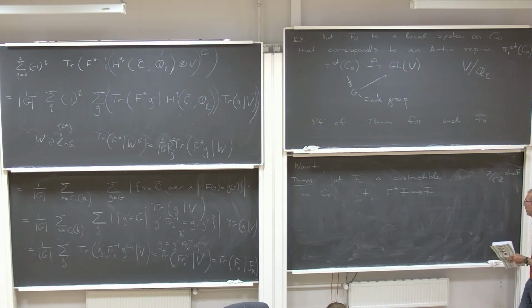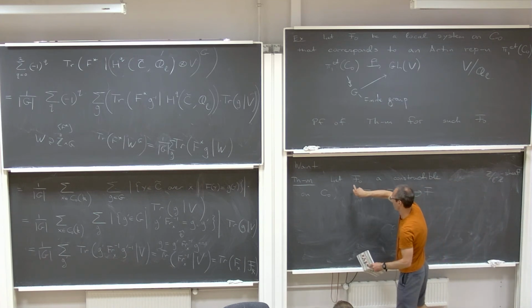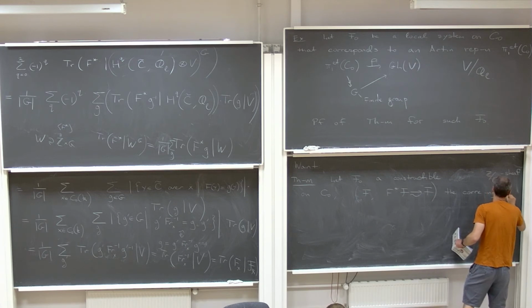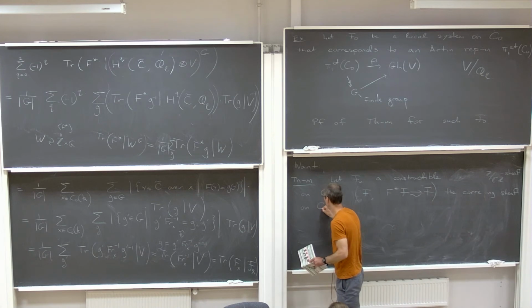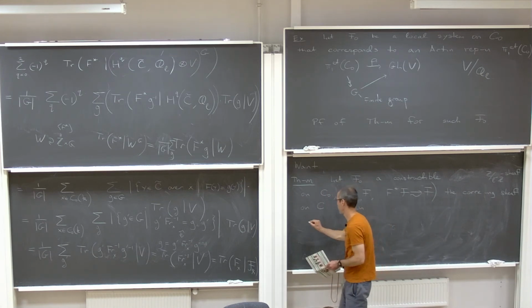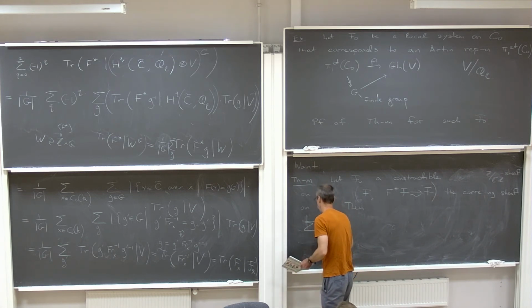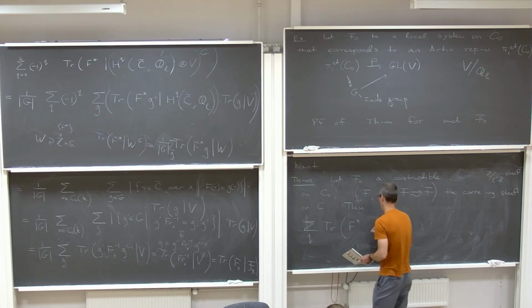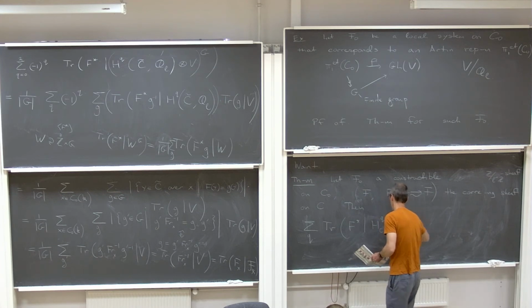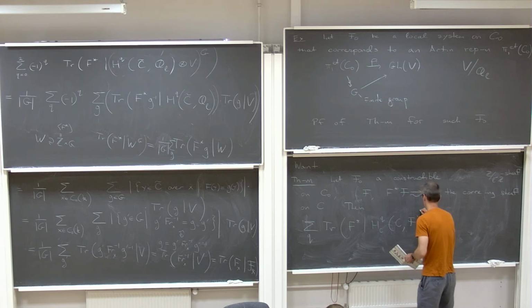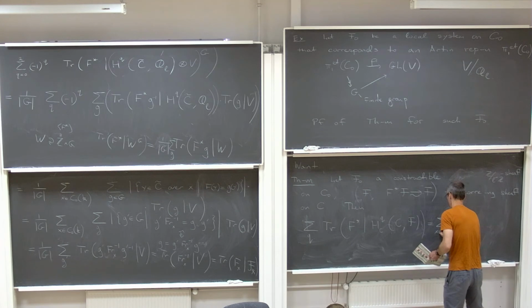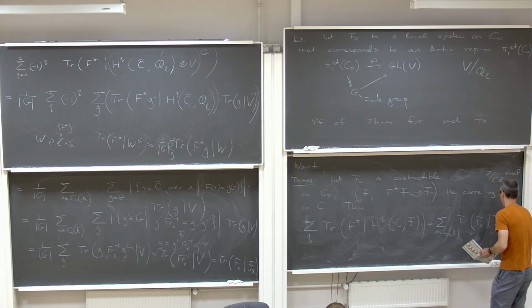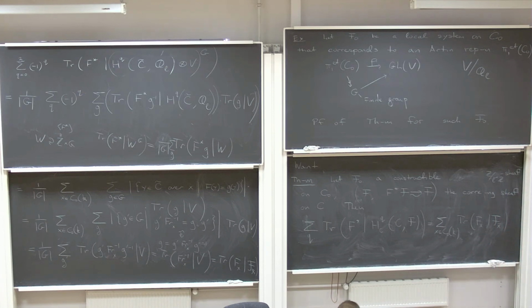So by descent, every F with such an isomorphism descends to a sheaf F0 on C0, the corresponding sheaf on C. Then the sum over i of traces of the Frobenius acting on cohomology with compact support of C with coefficients in F is equal to the sum over x in C0(k) of traces of Frobenius acting on the fibers. So that's what we want to prove.